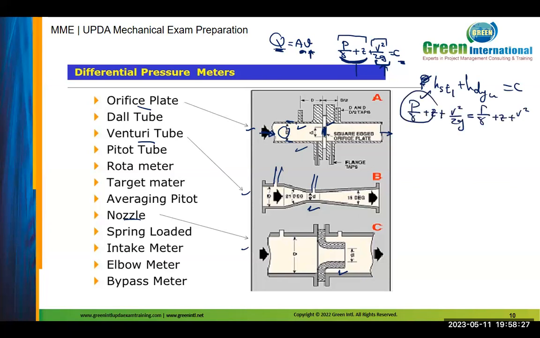These are piezometric pressure 1 and piezometric pressure 2, which I read from all these experiments, whether orifice, venturi, or nozzle. This is the velocity for case 1, and this is the velocity for case 2. Now, what are the unknowns in this equation? V1 and V2 are both unknown.